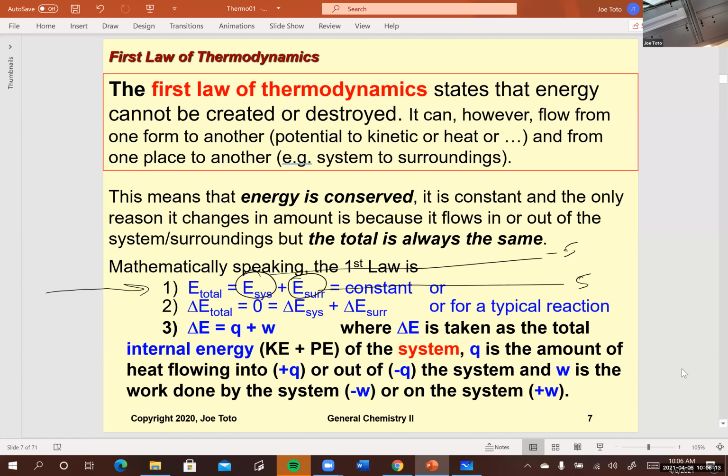Now, for chemistry, we want to define what's called the internal energy of the system. So this delta E here, sometimes you'll see it with a subscript SYS, corresponds to the energy of the system. Now, the changes in that energy are found to be the sum of heat into or out of the system plus the work done by the system or the work done on the system.